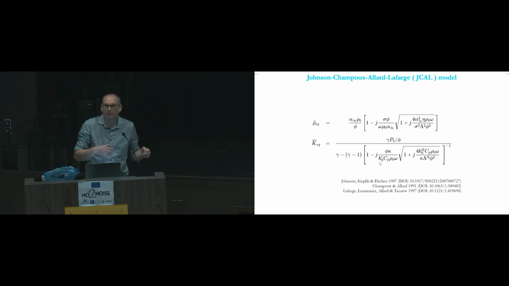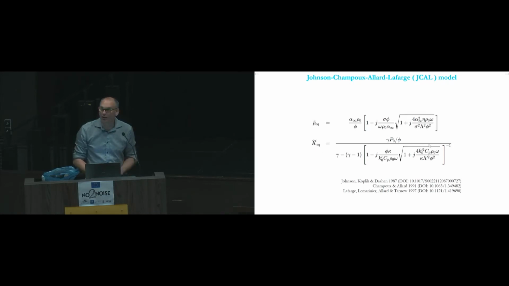In fact, it's coming from the PhD thesis of Denis Lafarge, who just tried to get a symmetry between the viscous effect, so in rho, and the thermal effect in K. Denis noticed that in rho we use more parameters than in K, so he tried to add a new parameter in K, because he said, okay, there should be some symmetry between the effects, so there might be some more parameters to describe the bulk modulus a little bit more precisely.